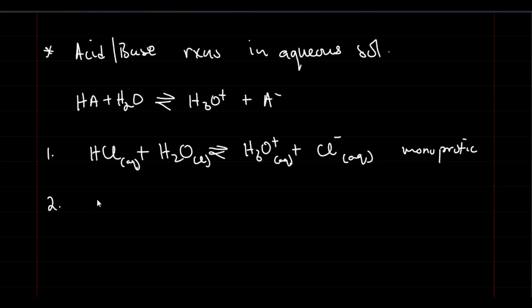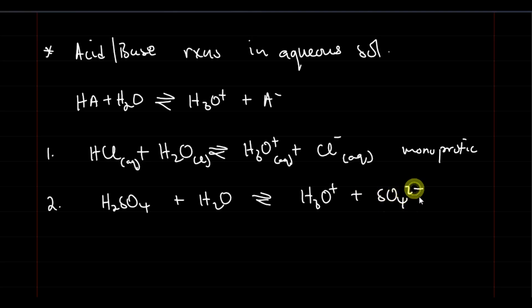Okay, so now let's try a diprotic acid. We can try H2SO4 plus water to give us what? To give us hydronium plus SO4 2 minus.